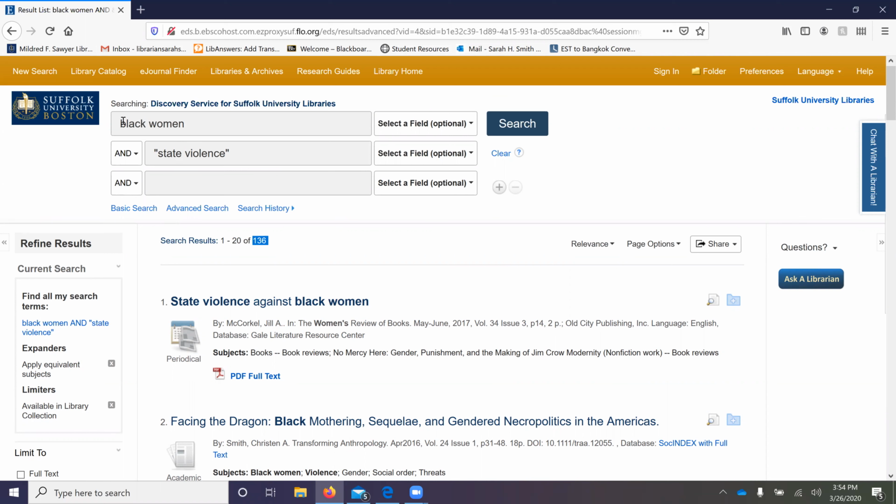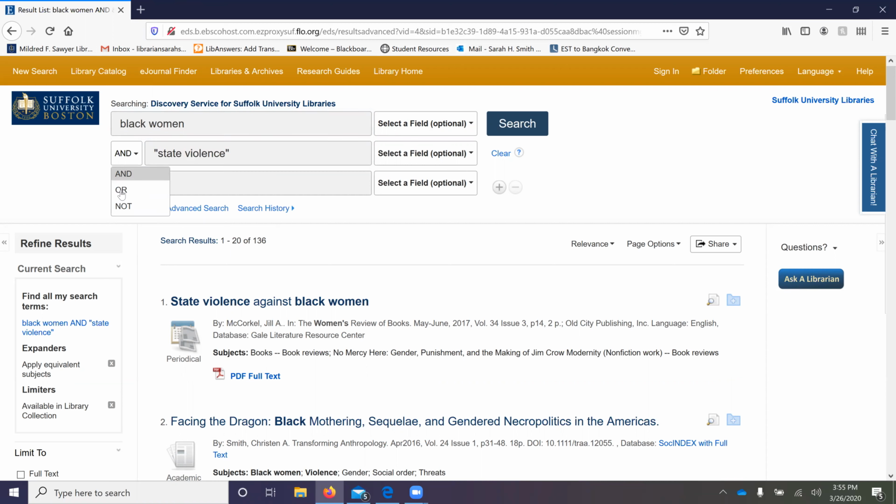What we just did with our basic search was we used the word and, which told the database, I want information on Black women and state violence. What that does is it tells the database that you don't want information just on Black women, and you don't want information just on state violence, but it has to be information on both of those topics. There's another word that we can use, and that is or. What or does is pretty much the opposite. Or in this case stands for either or.